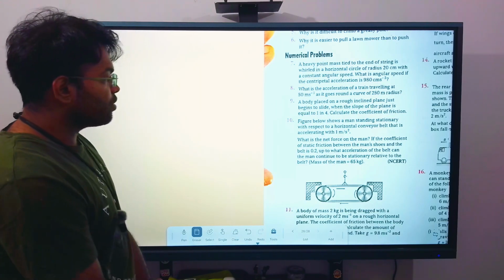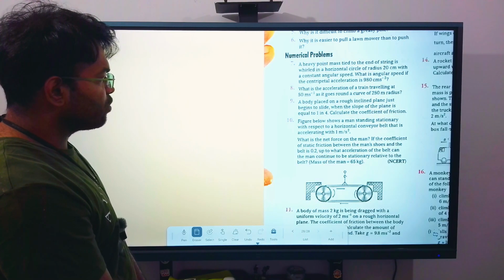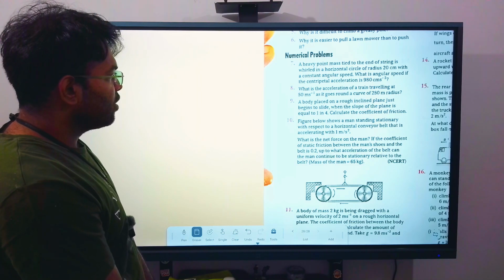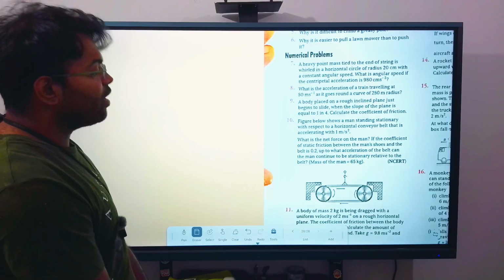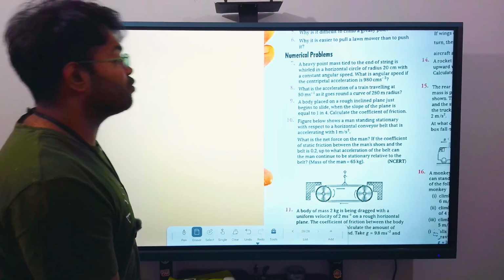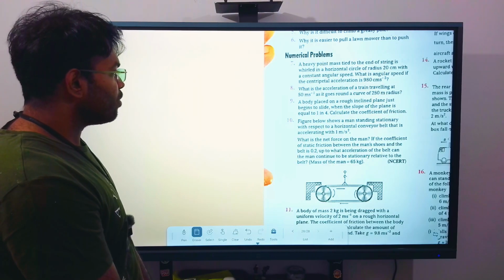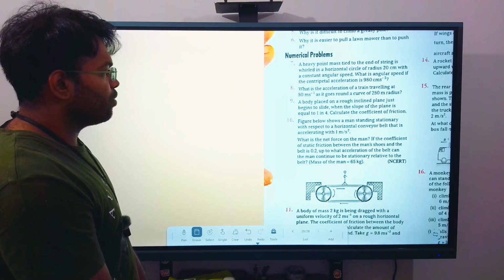Oh, nice question. Okay, wait. So, what is the net force on the man? Figure below shows a man standing stationary with respect to a horizontal conveyor belt. Oh, the conveyor belt is moving. He is stationary with respect to the belt, and the belt is moving with 1 meter per second squared.